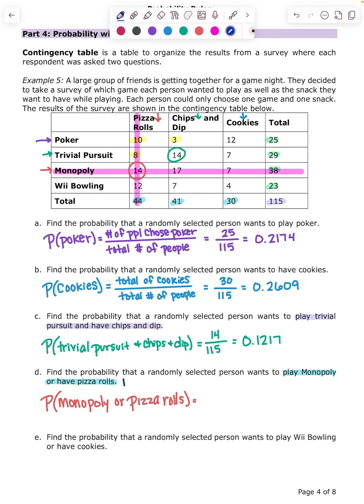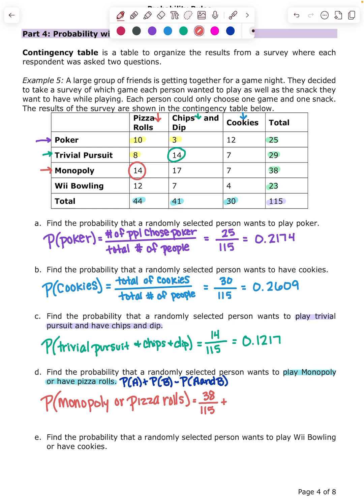So that means we need to follow the formula for non-disjoint probability. As a reminder, that is the probability of A plus the probability of B minus the probability of A and B. So I'm going to find the probability that somebody wanted to play Monopoly first. And that, I'm going to erase this pink highlighting because it's really hard to see, is 38 out of 115.